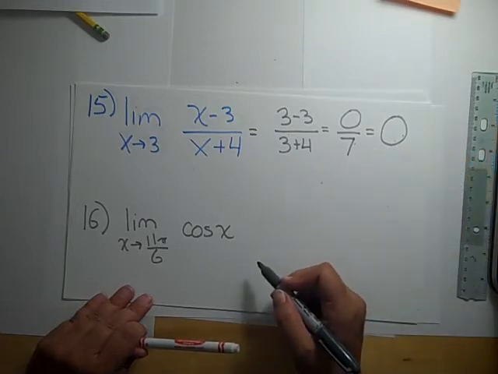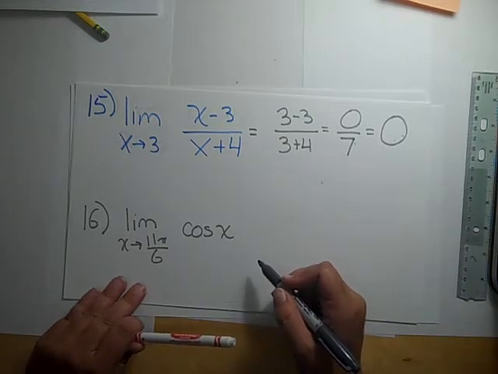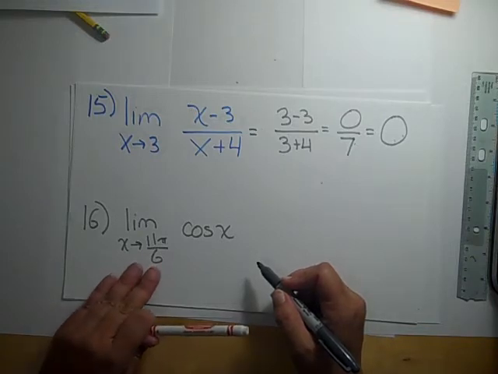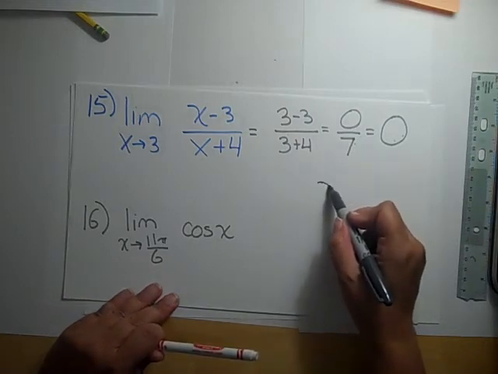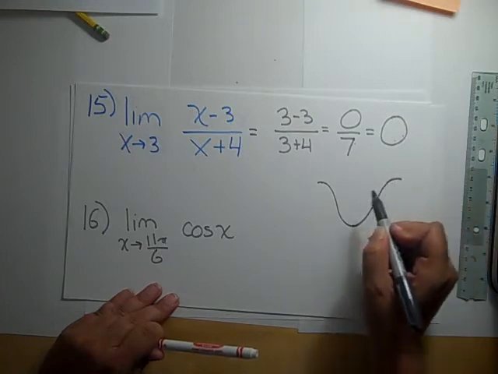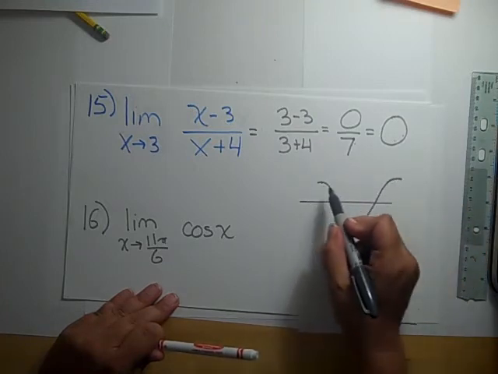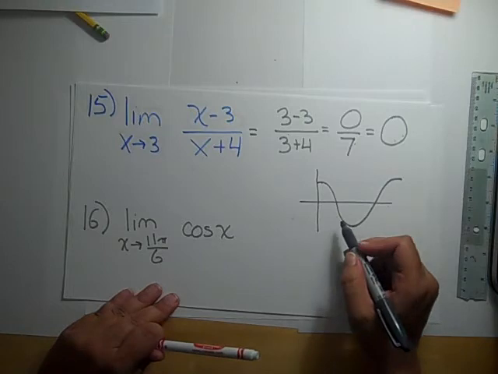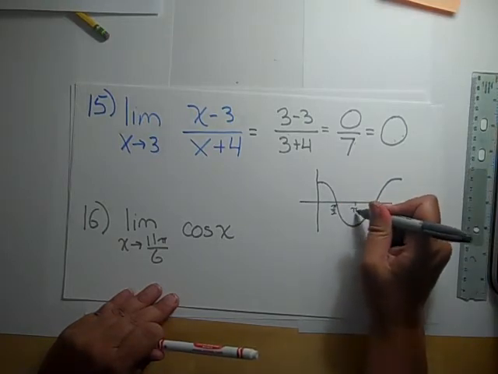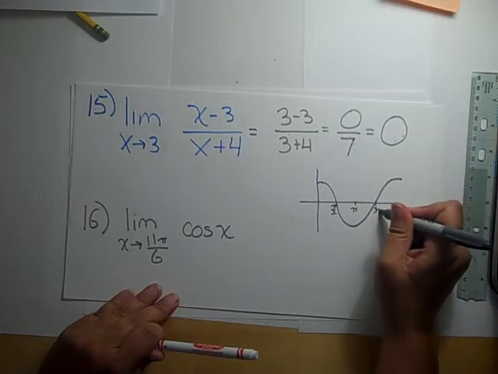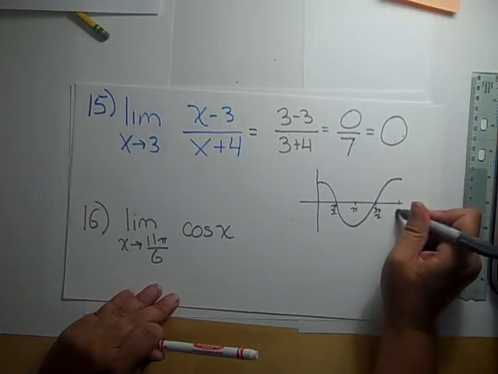All right, let's do some trigonometry here. Number 16. The limit as x approaches 11 pi over 6 of cosine x. So if you don't have this trig value memorized, what's a quick way to get it on the test? Well, draw your cosine picture. And let's put in the important values. Here's pi over 2, pi, 3 pi over 2, and 2 pi.